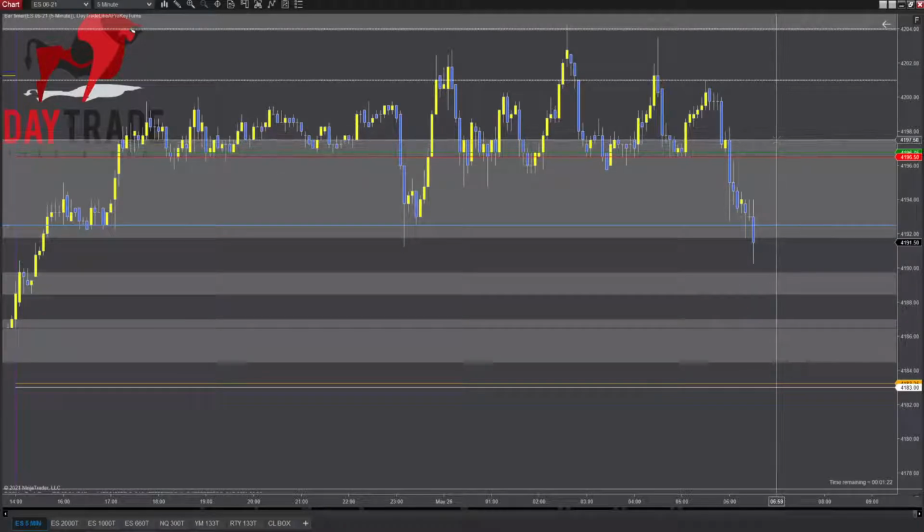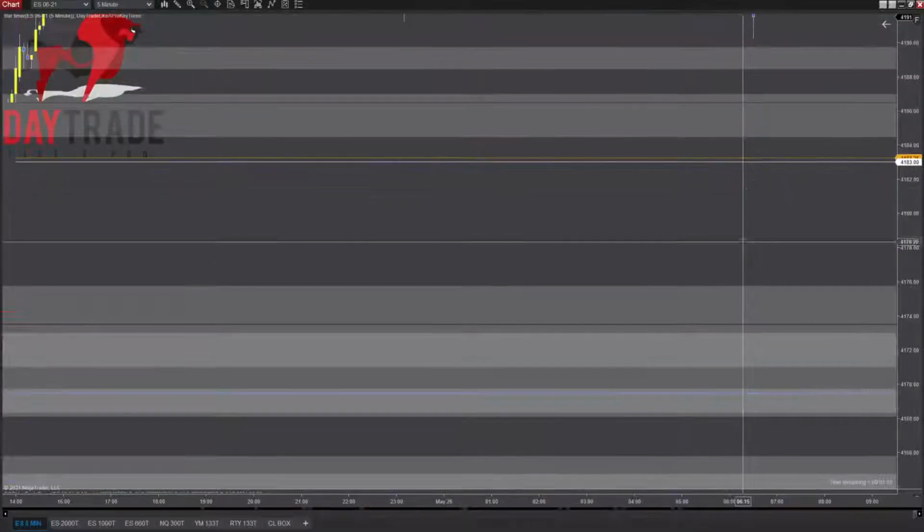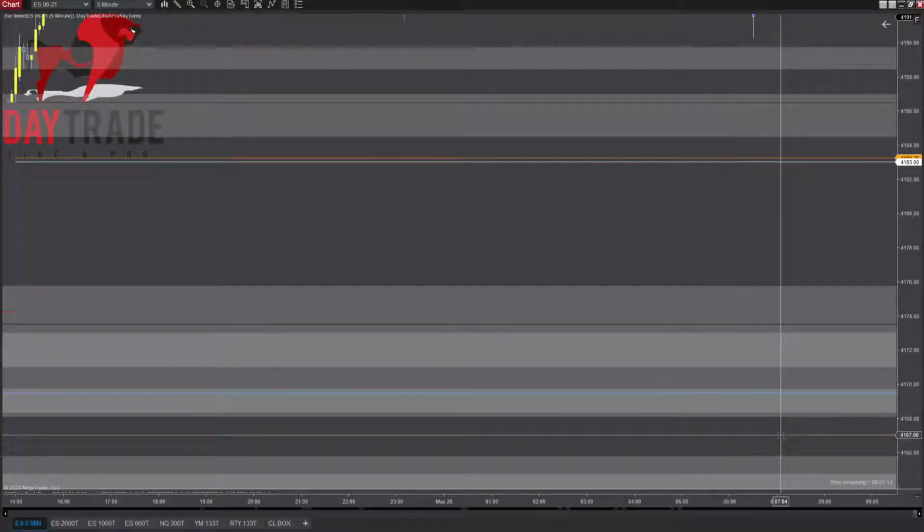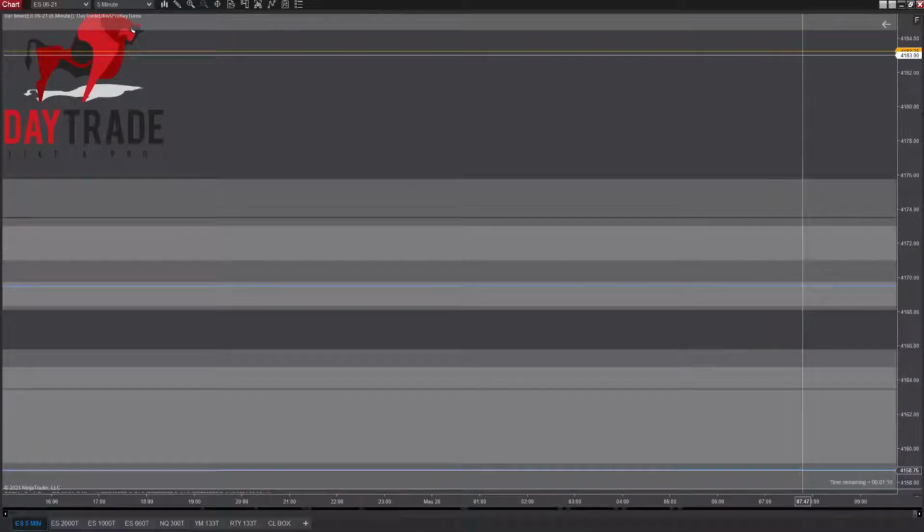But if they can't get back up above here, or back up above this area that we talked about, it's really possible they come down to here, even into the lower, whatever this 58.75 or around that area somewhere. This is 63.50 down to 59. So this is 58.75. So I wouldn't lose sleep over a tick there. But this area is real interesting for a reaction.